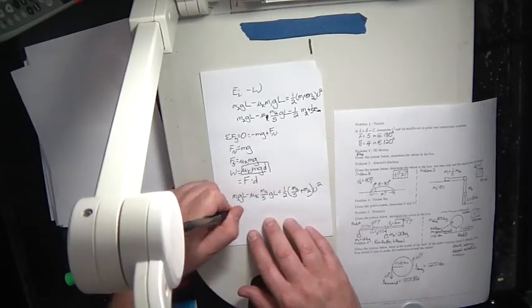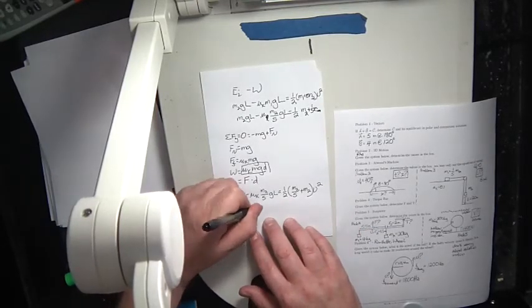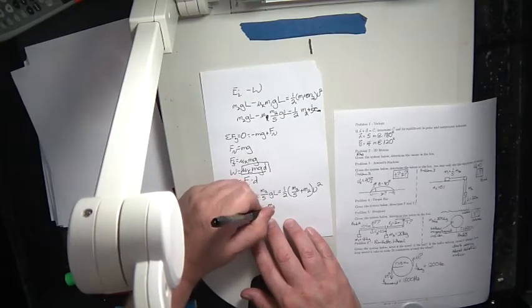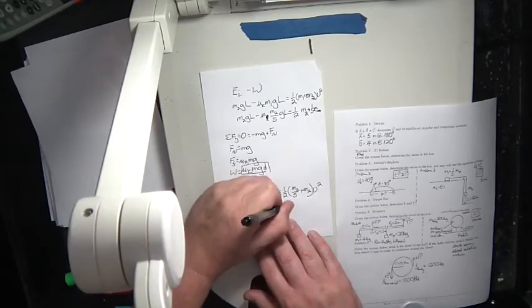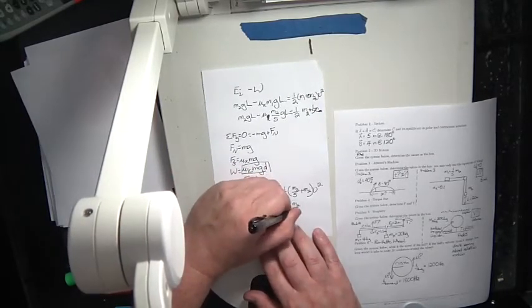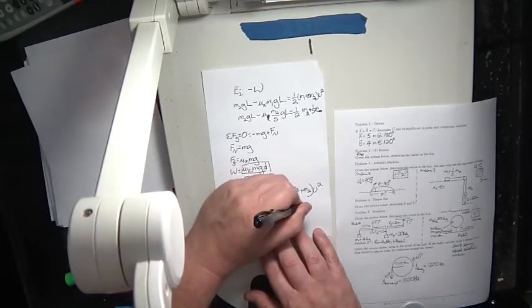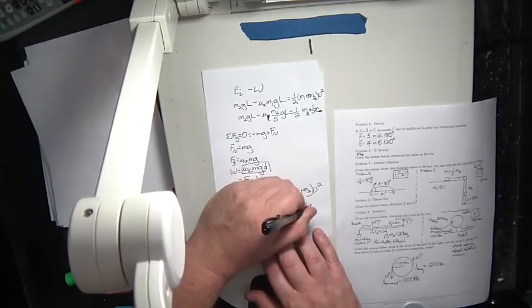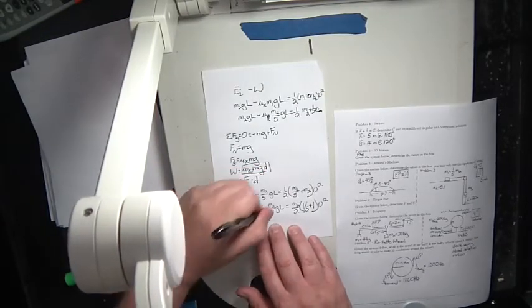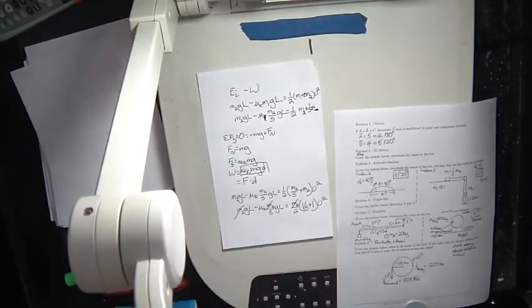And simplifying it, before I do the cancel, I'll write it out. The M2s cancel.